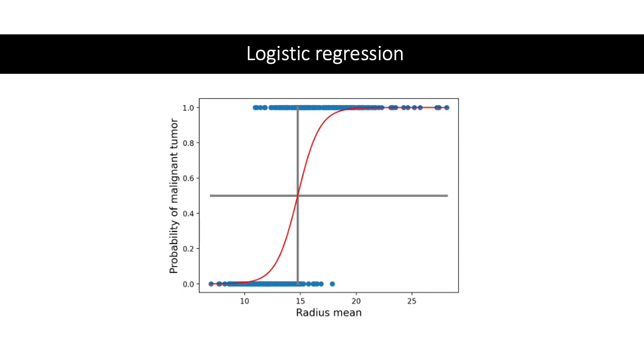So now we shift to another type of regression model, which is logistic regression. Unlike linear regression, logistic regression is a classifier. It's a classification algorithm that is used to predict the probability of a binary outcome.